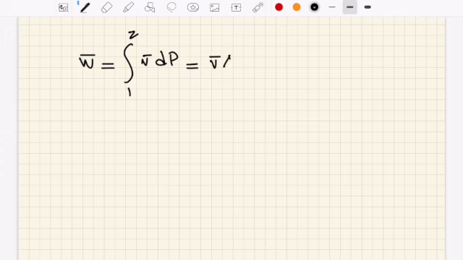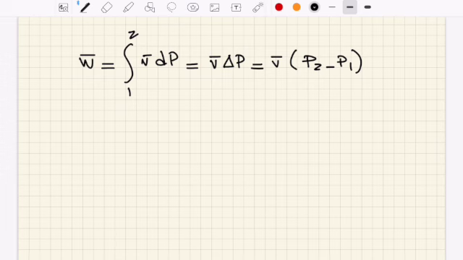So the work per unit mass in this process we can find from specific volume times P2 minus P1. Of course, in order to find the power, we need to multiply this with the mass flow rate.